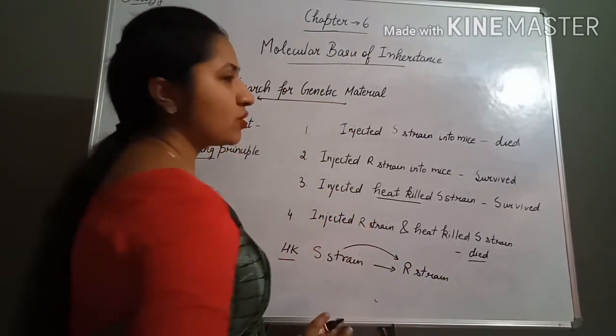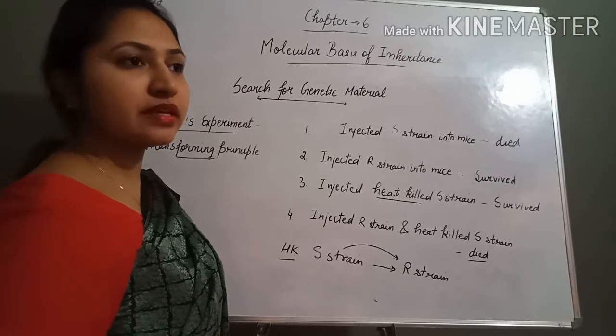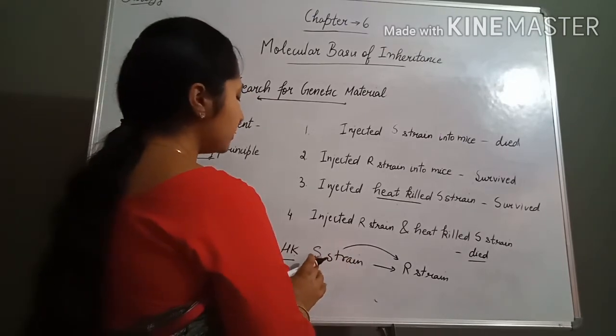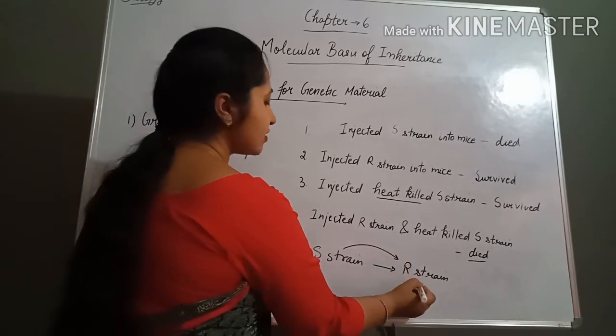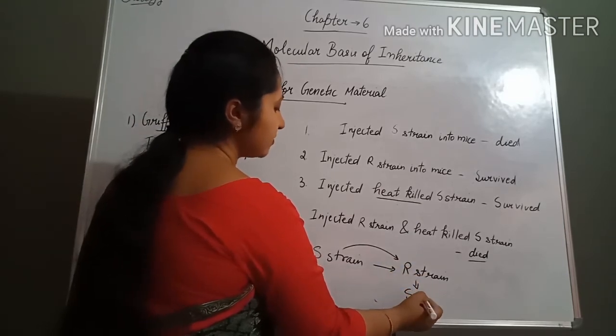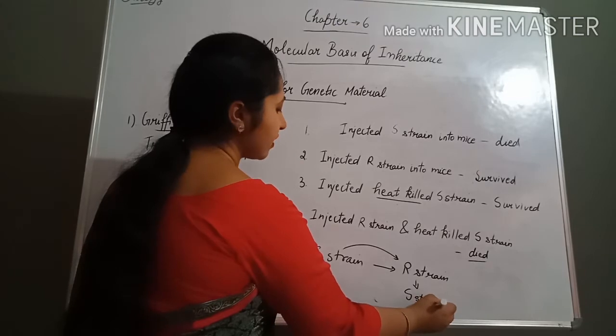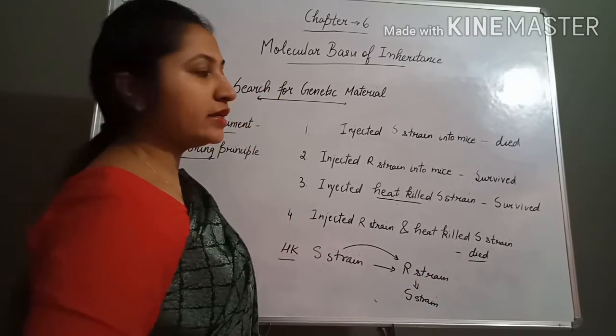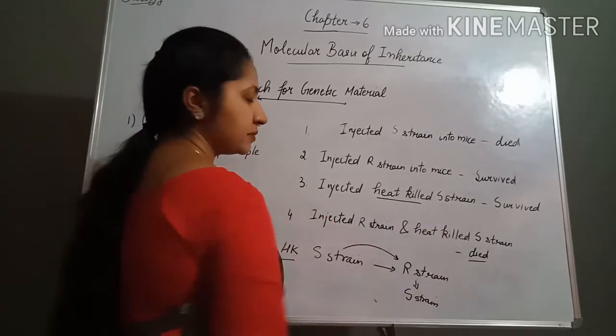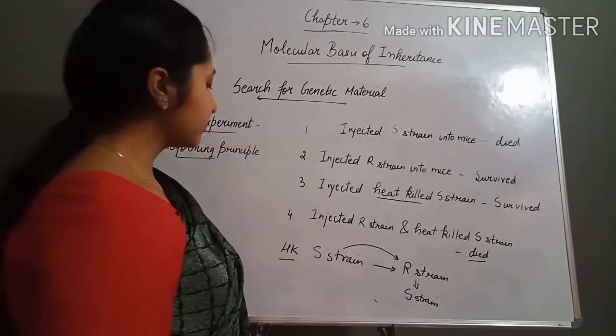Some substance or transforming agent transformed the R strain into the S strain, and then it became virulent and the mice died. Okay.